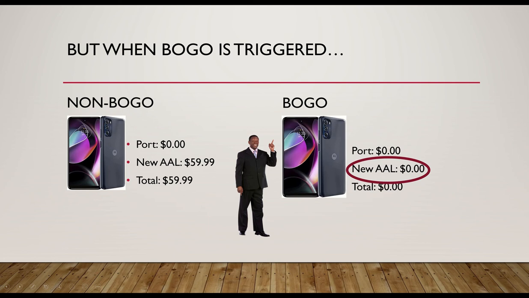Technically, the $59.99 should apply on that new number price, but with BOGO, the add-a-line new number price also drops to $0. So the total for the two phones is $0, excluding taxes, setup fees, and the plan. The new number price, which is technically not free on any other device, does become $0 as well.